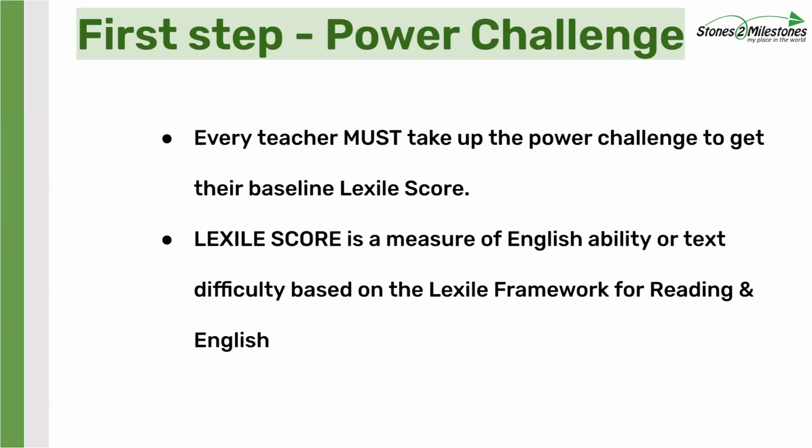Now, what is a LightSail score? It's based on the LightSail framework that is used across the world to measure English ability or text difficulty. Okay. The LightSail framework is for reading and English. So please get your LightSail scores. Okay. And then you'll be able to use the other features on the platform.